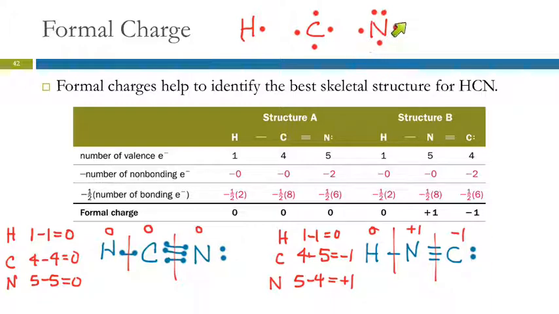Nitrogen would like to have 3 bonds, 3 bonds and a lone pair. So here I've got nitrogen with an octet and 3 bonds, 0 formal charge. Over here nitrogen has 4 bonds and carbon has 3 bonds. That's not what they would like. And so they will have formal charges. Any questions?